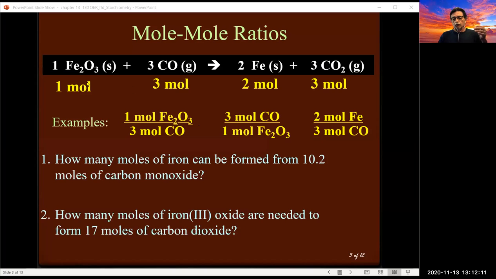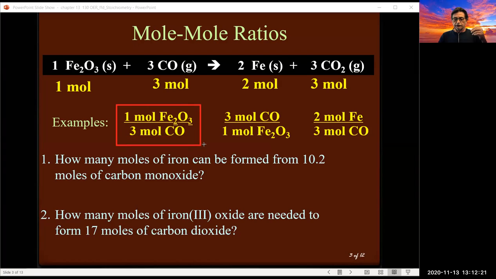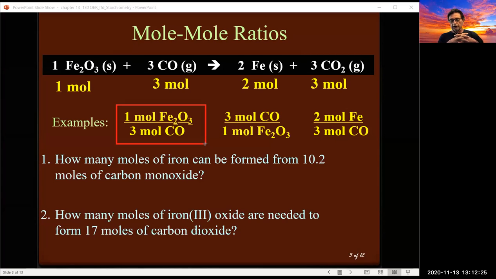So if we look at the coefficients in front of the balanced chemical equation, we have these mole ratios that we can utilize. For example, we have that relationship here where we have 1 mole of iron 3 oxide over 3 moles of carbon monoxide. Now we can write it in that form, or we can invert that ratio and write it in this form where we have carbon monoxide in the numerator.